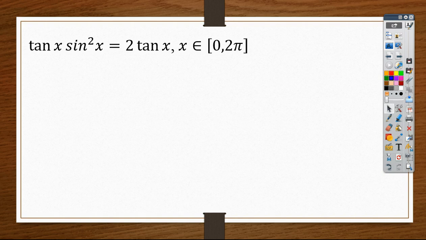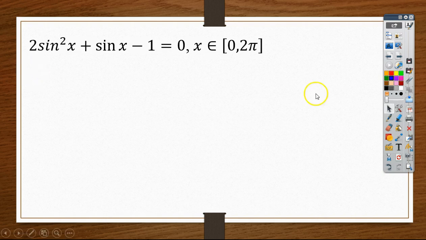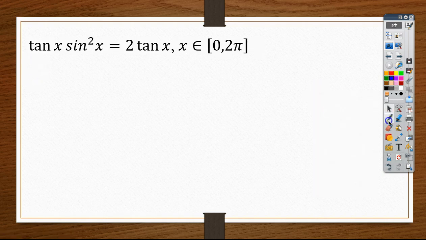Our first tactic that we're going to use is get everything to one side. So I'm going to subtract the 2 tangent x from each side, and that equals 0.